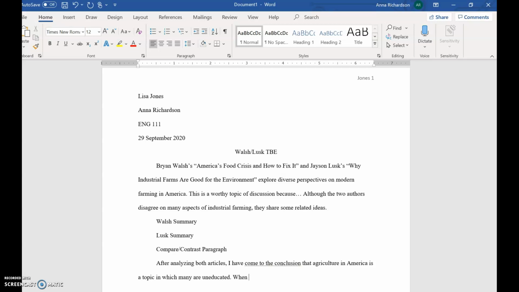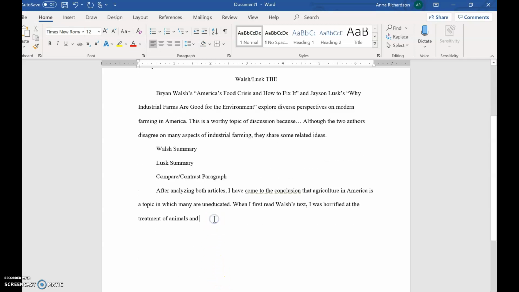So I might say, when I first read Walsh's text, I was horrified at the treatment of animals and consumers' reliance on corn. Corn's in everything, okay?